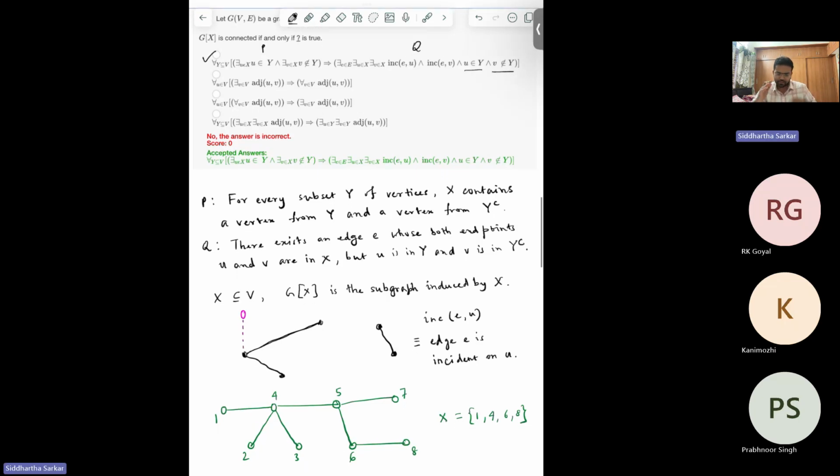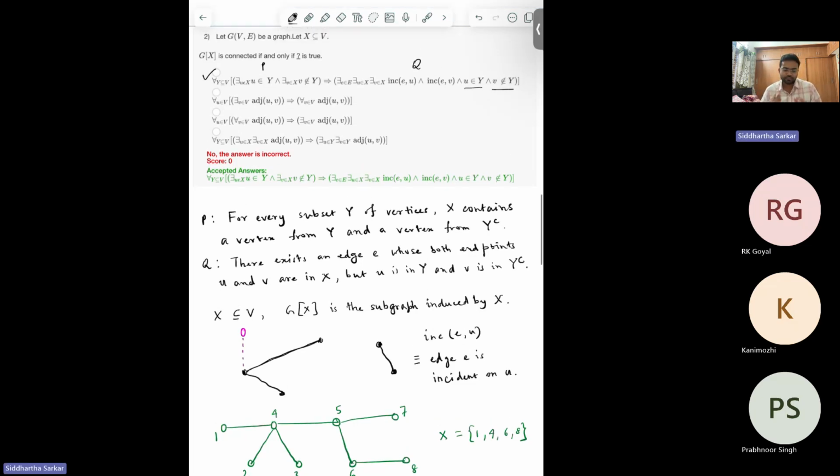So do you understand the English translation of the two statements P and Q? Yes, the translation is clear individually. All right, but why P implies Q is not making sense. Okay.